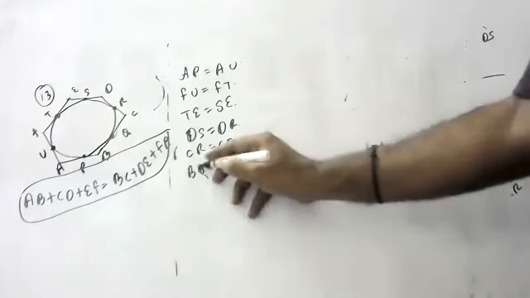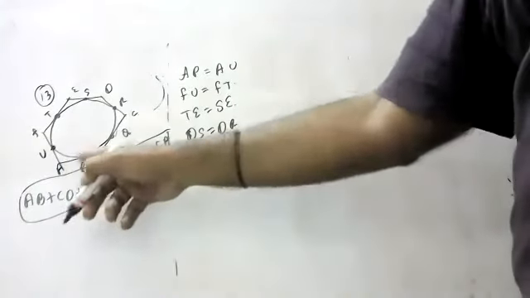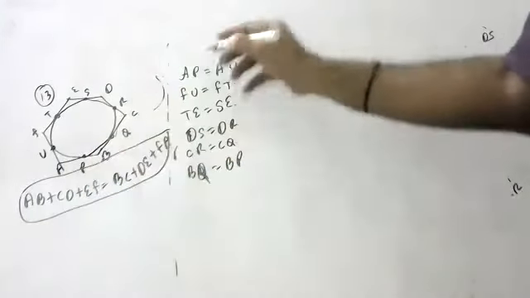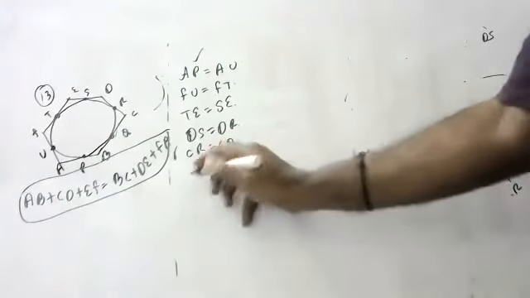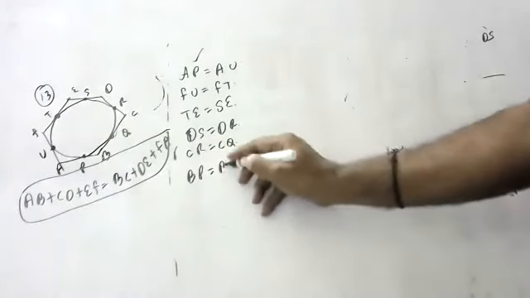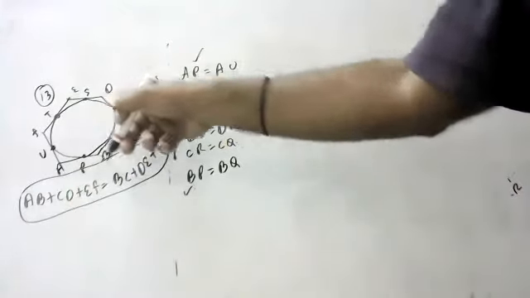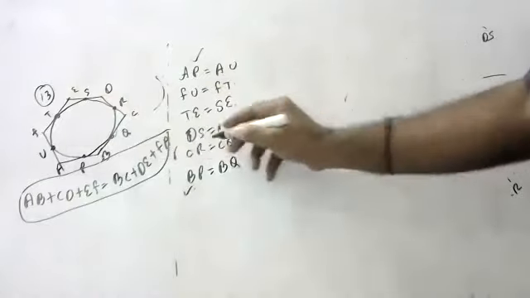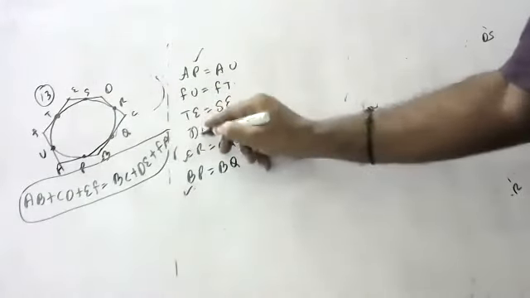First, we should check whether all are correct. For AB, AP and BP should be on the same side. AP is fine, but BP is reverse, so BP is equal to BQ. For CD, DR and CR should be on the same side. CR is okay, DR is reverse, so DR is equal to DS.